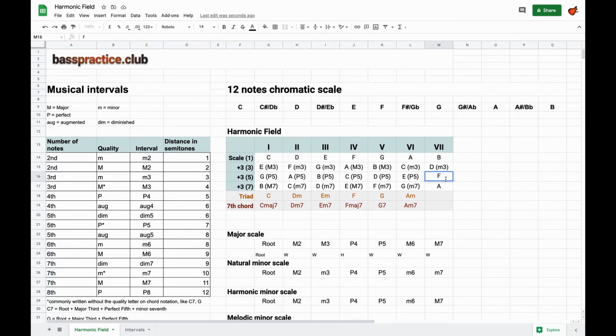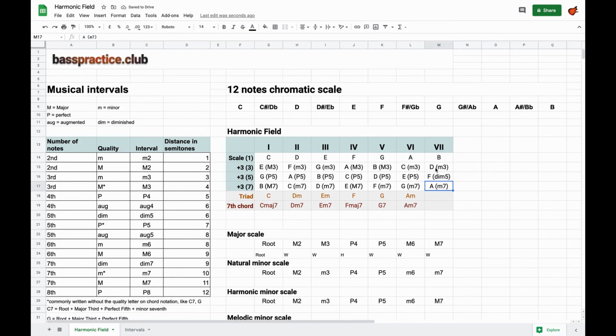So we write down diminished 5th. And here on the 7th, we go from B: 1, 2, 3, 4, 5, 6, 7, 8, 9, 10. 10, it's the minor 7. So minor 7.